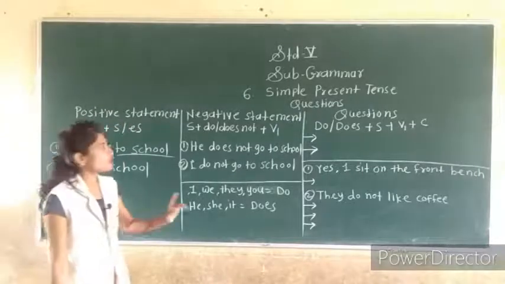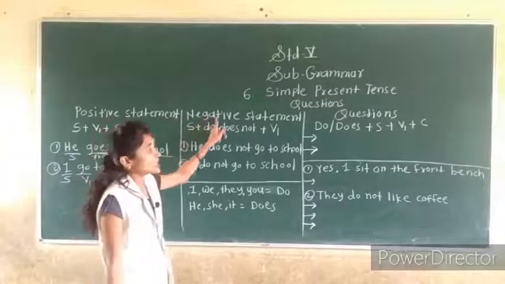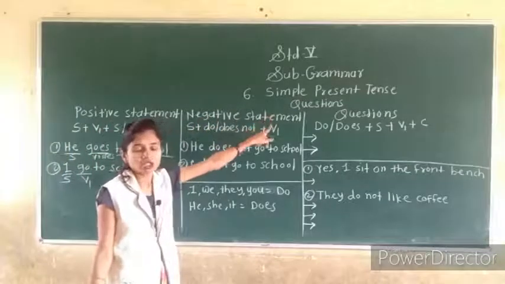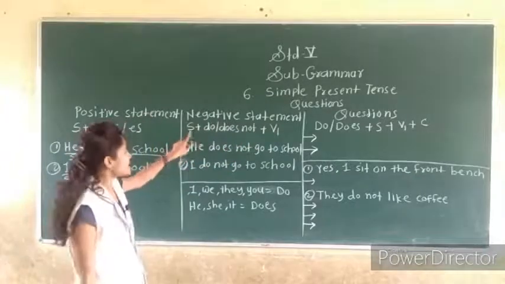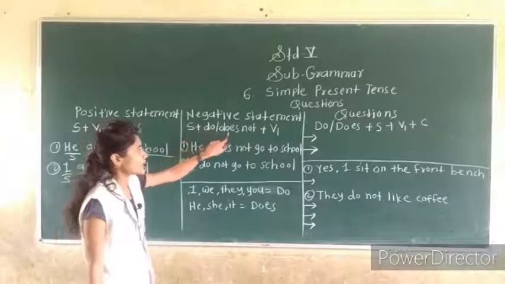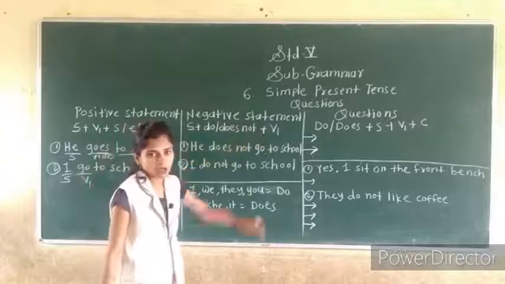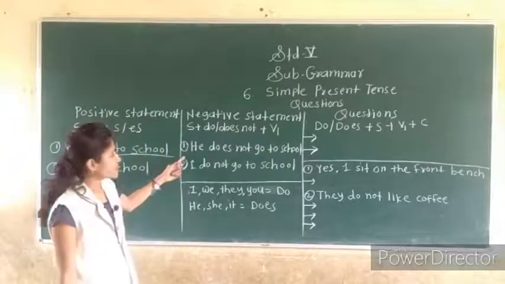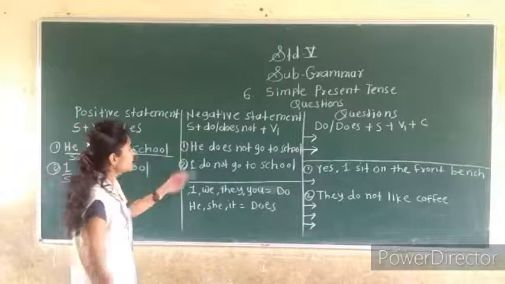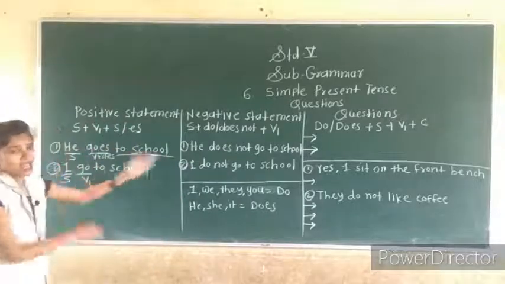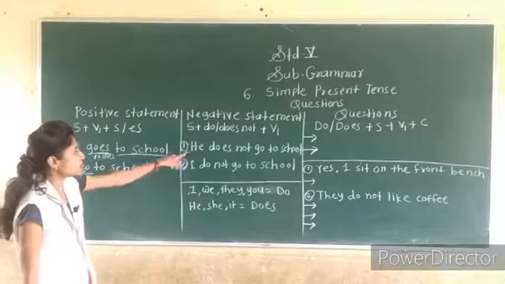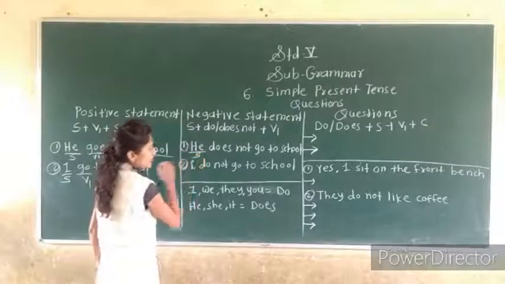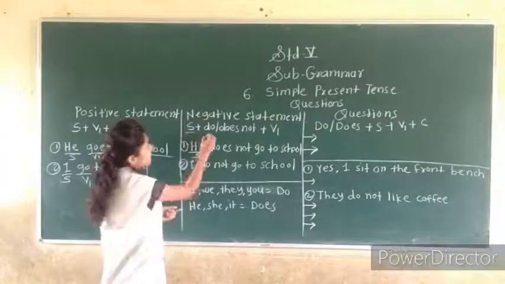In the 5th lesson, what do we learn? About the negative statement, meaning using does not, do not. Here is the formula: subject plus do, does not plus verb 1. Same examples I have given here and I translate them into the negative statement. See, he is the subject. After the subject what do we take?